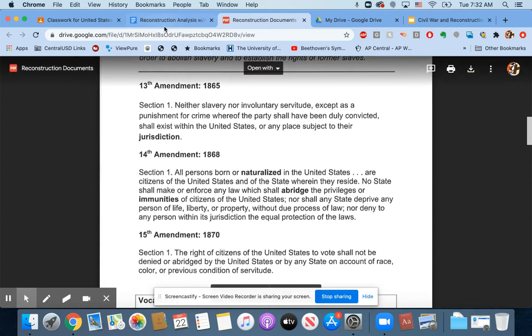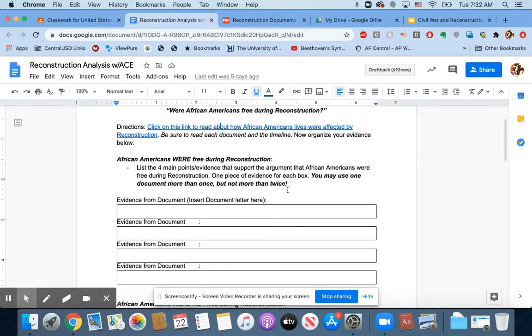So I'm going to go back to my document. It says you may use one document more than once, but not more than twice. So I know this is the first document. I can use it once, but not more than twice. So I'm going to pick one here. It says insert document here. So I'm going to put Document A. And then the evidence I'm going to use is the 13th Amendment.